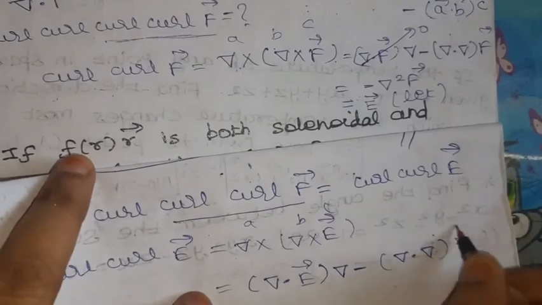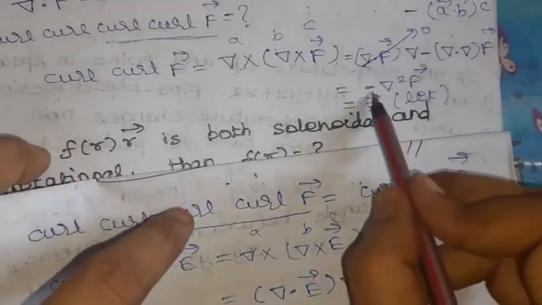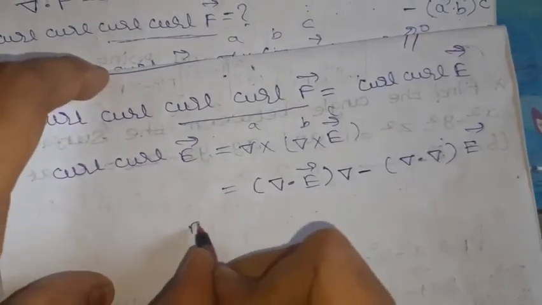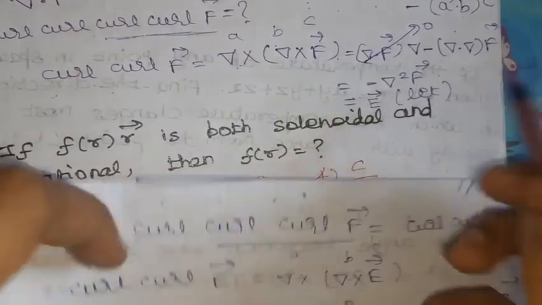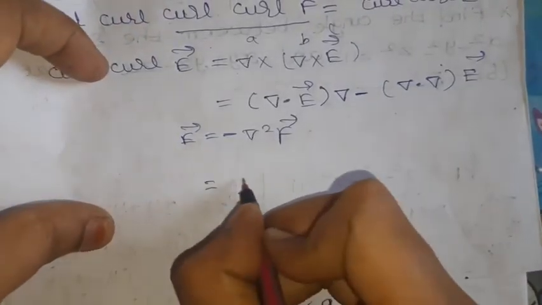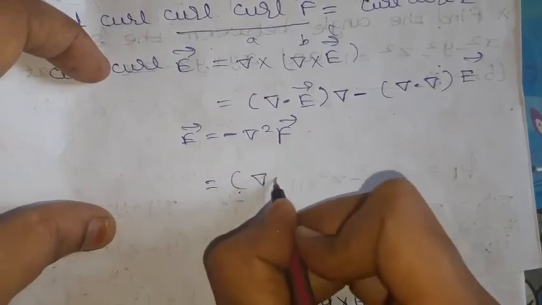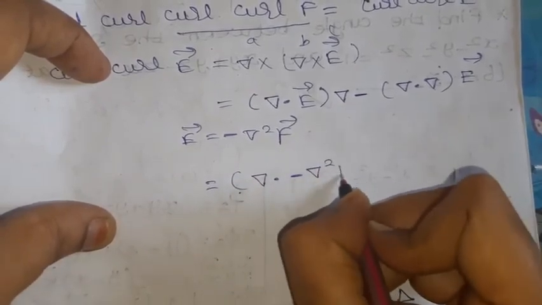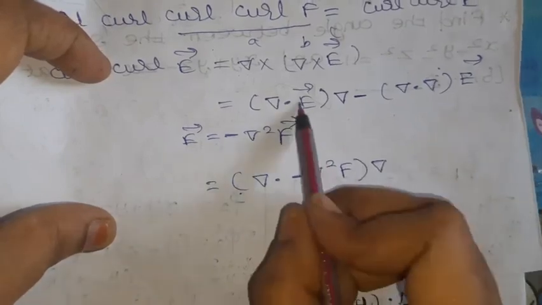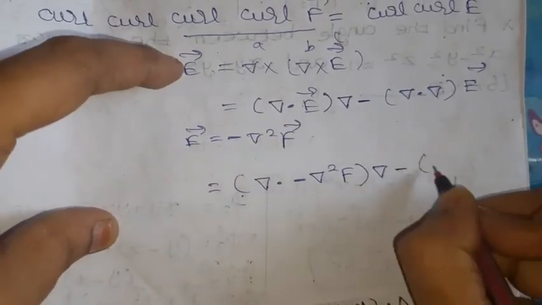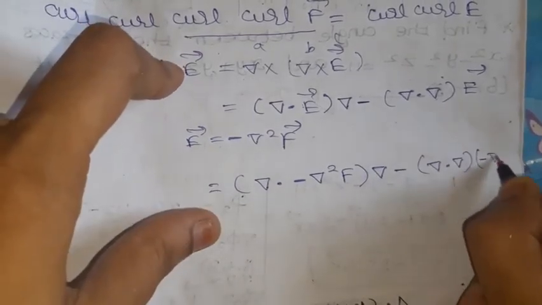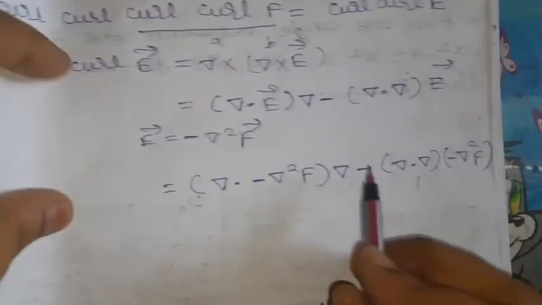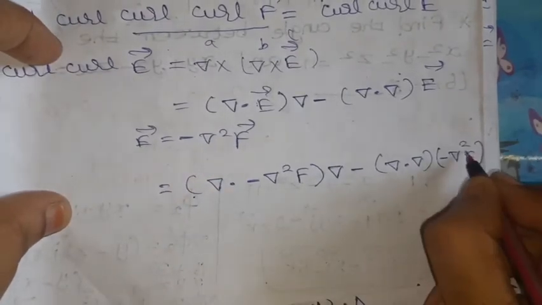Now substitute E equal to minus del squared f here. Already we have found it, right? Del dot del into E is nothing but minus del squared f. E value is minus del squared f vector.